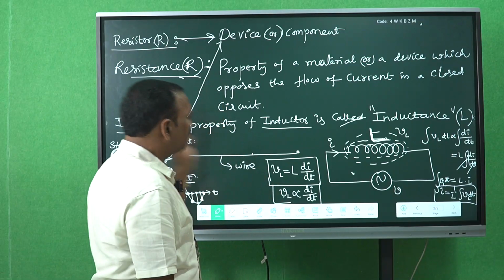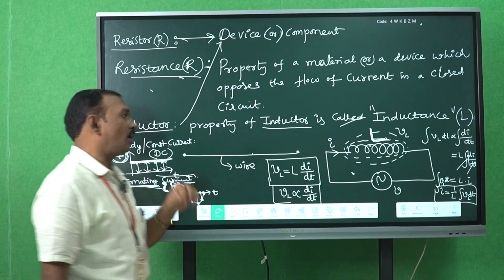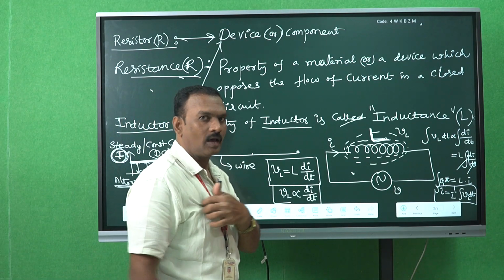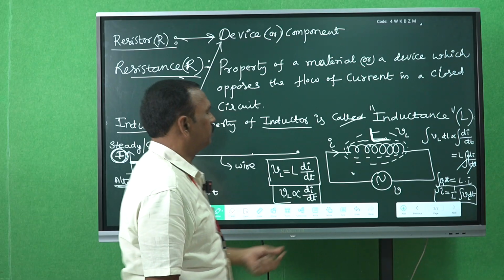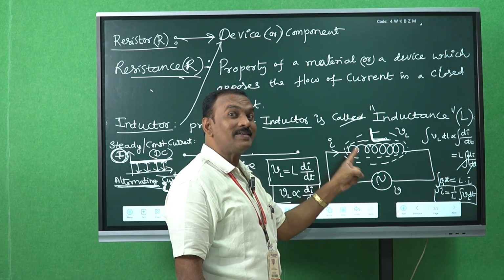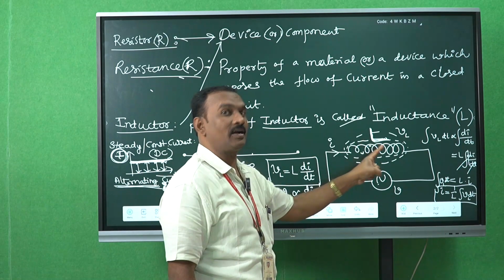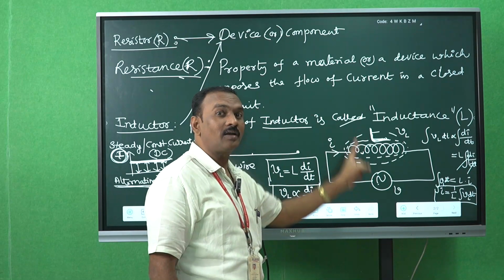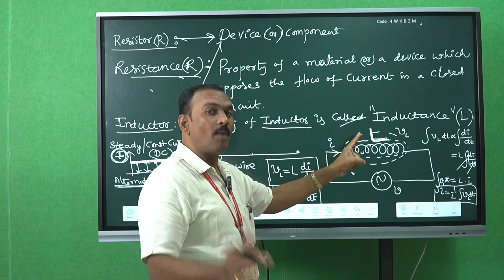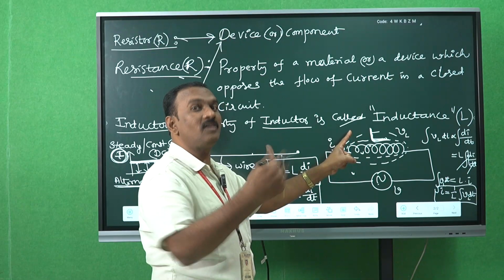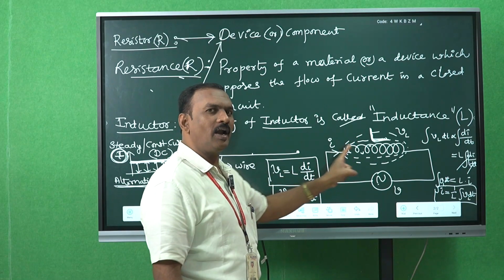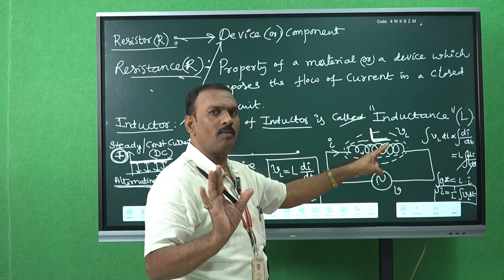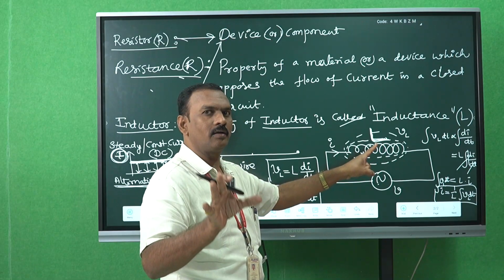Okay, this is about the inductor. Another property of the inductor is that whenever a change in current is passing through the inductor, it opposes that change in current. It doesn't allow that current immediately. If the same current is passing, there is no issue, it allows that current.